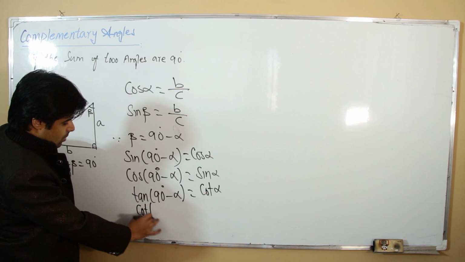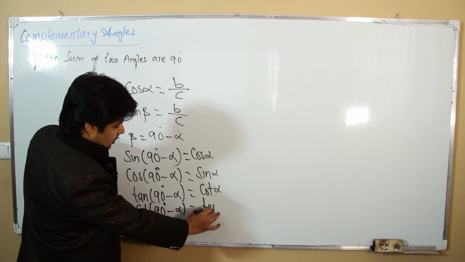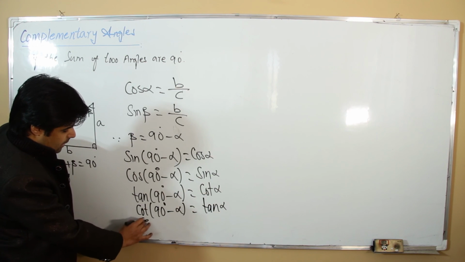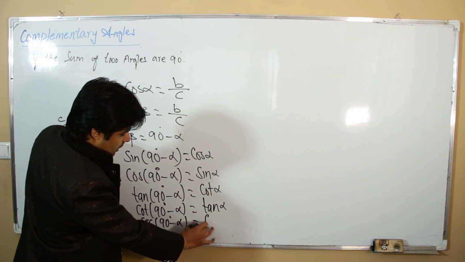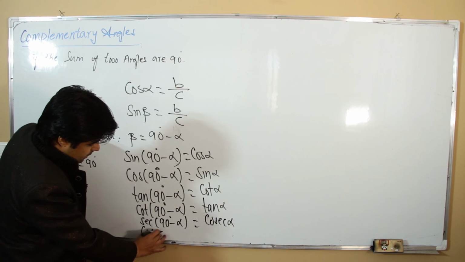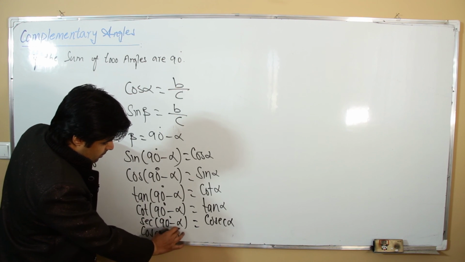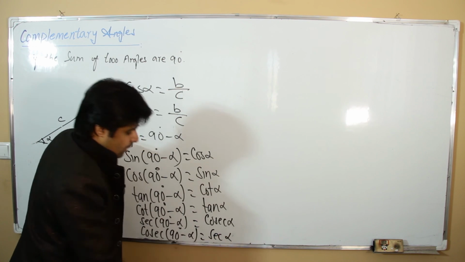Cotangent of 90 degrees minus alpha is equal to tangent of alpha. Secant of 90 minus alpha is equal to the cosec of alpha. And like this, cosec of 90 degrees minus alpha is equal to sec of alpha.